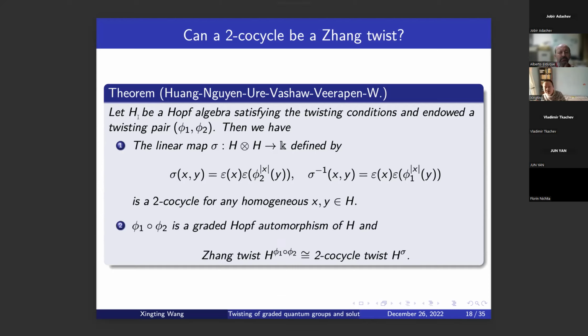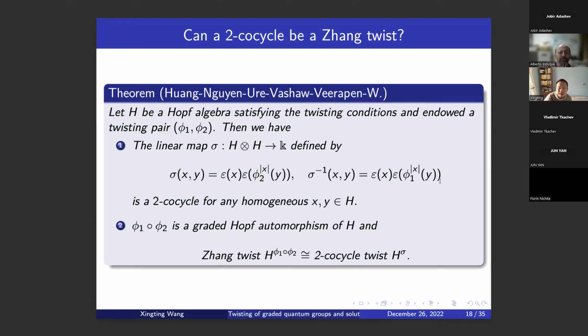Then we can show that the 2-cocycle twist H sigma, defined using the twisting pair, is exactly given by the Zhang twist, where the automorphism is a composition of phi 1, phi 2, which you can think of as the conjugation, right? So taking the phi 1, phi 2 twist of H is the same as giving a 2-cocycle twist by the 2-cocycle explicitly given as in condition 1.